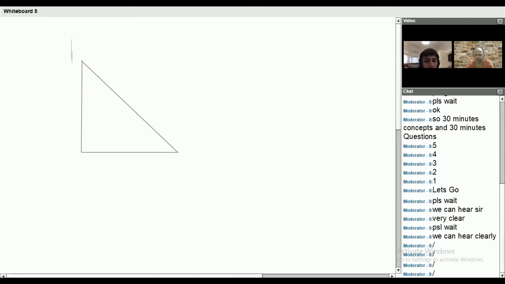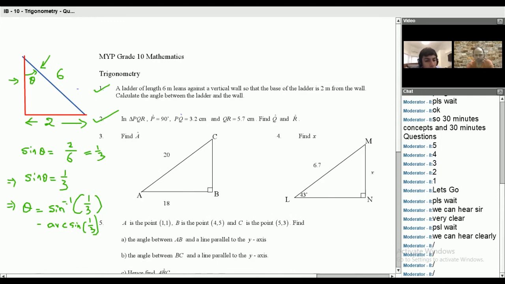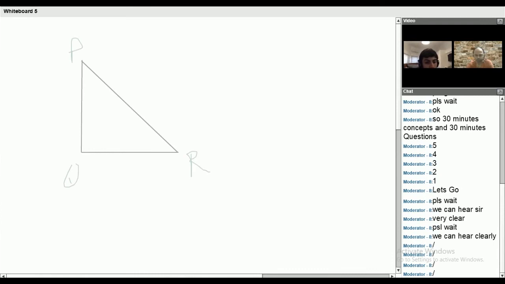P, Q, and R. P is 90. Okay, so you want to erase. You want to write P in place of Q. Okay, I'm just trying to help you. Yes, PQ and this one R. Great.